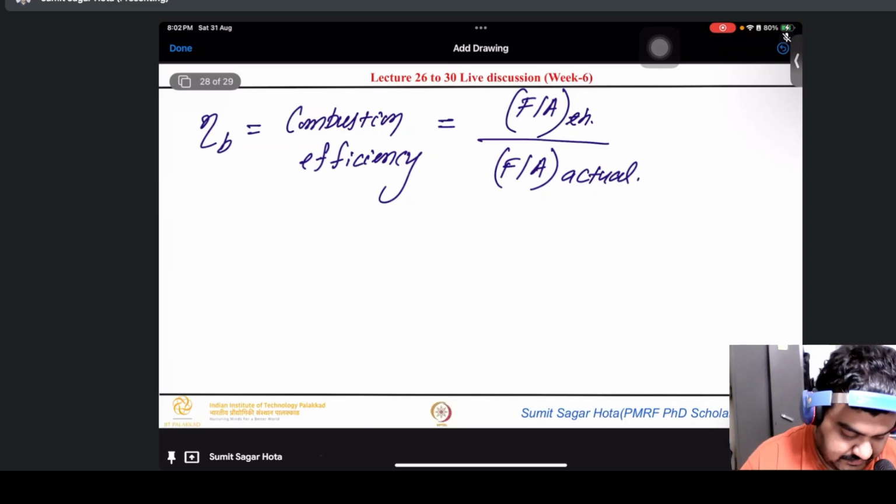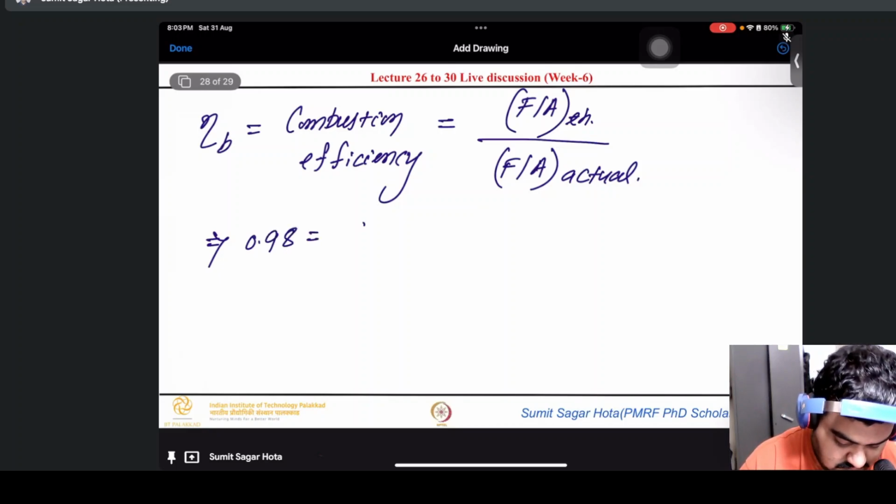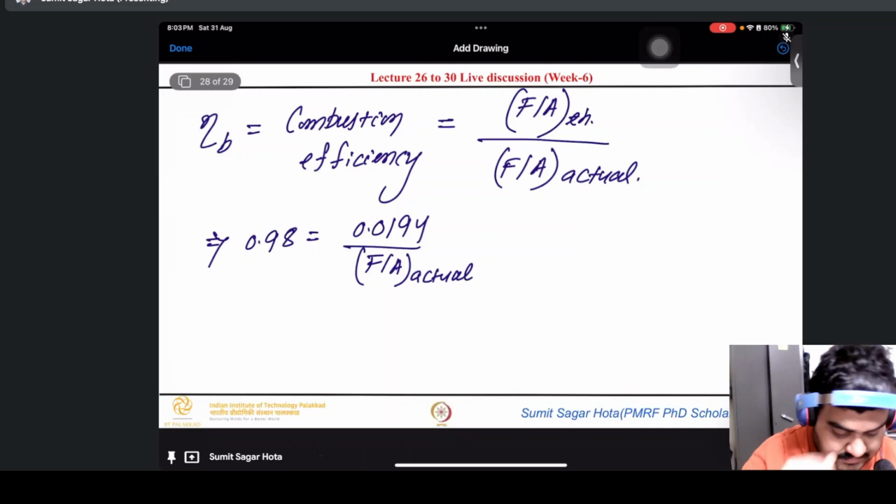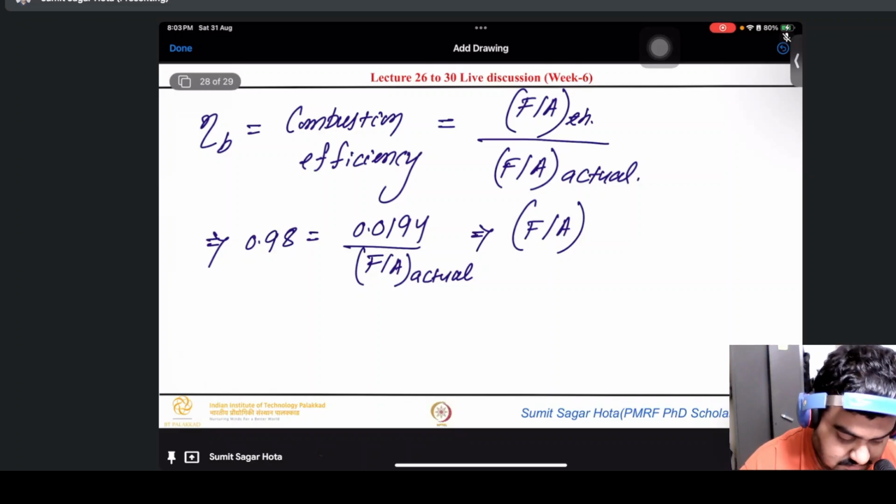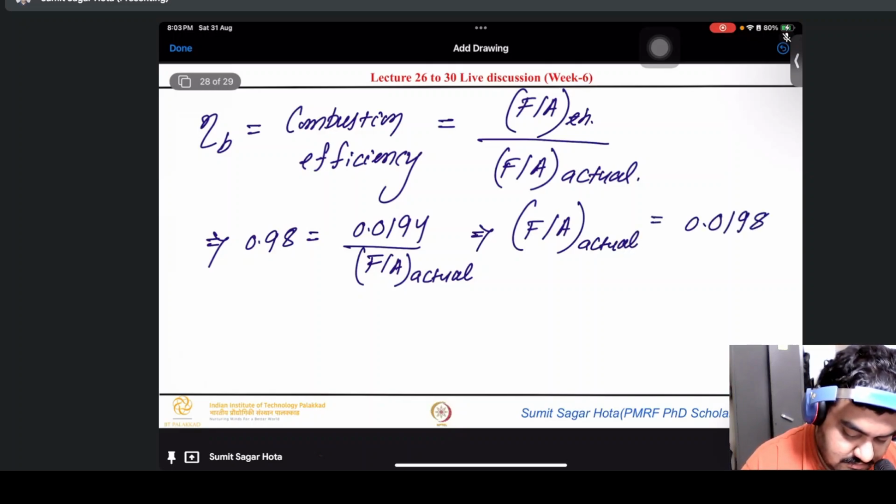Substitute and find out: 0.98 equals 0.0194 divided by F by A actual. So F by A actual is equal to 0.0198.